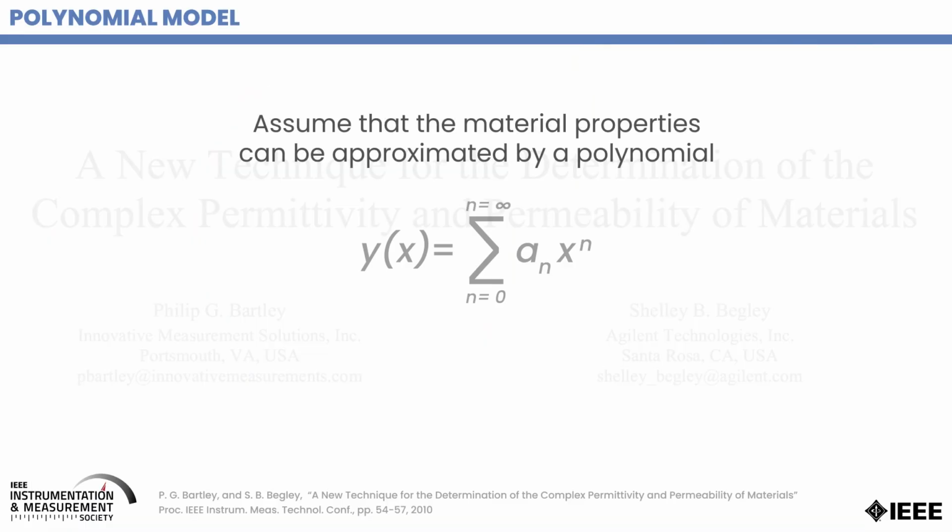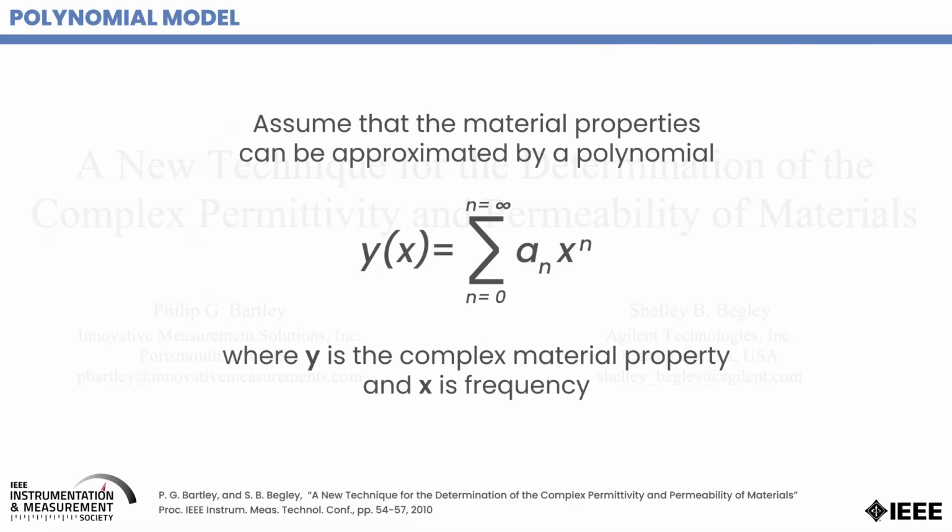The polynomial model assumes that the material properties, either the electric or magnetic properties, can be approximated by a polynomial. In the equation shown, y is the complex material property and x is the frequency. This differs from some of the other models that we've discussed so far in that it basically solves for the entire frequency range at one time.